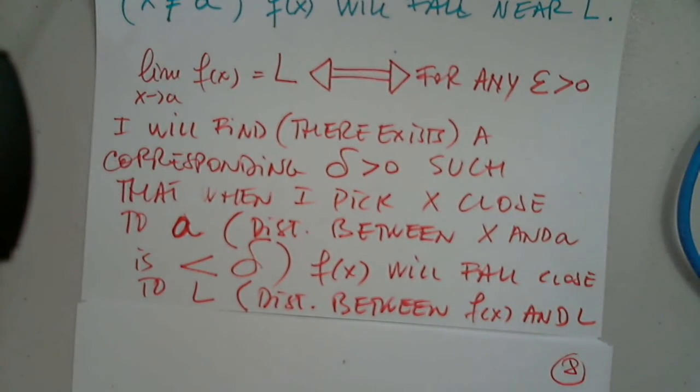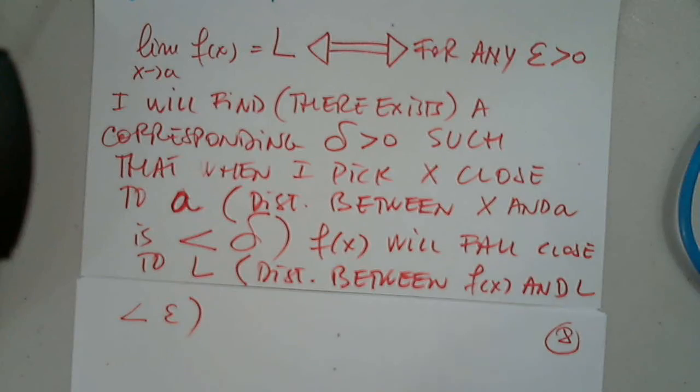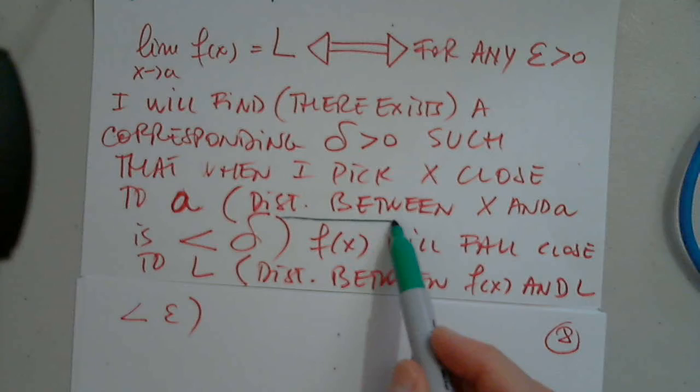Guaranteed. And that happens only because the limit exists. Smaller than epsilon. Okay, so now I want to show, this is way too long. I highly recommend condensing it with symbols. But before we do that, I want to talk about this.